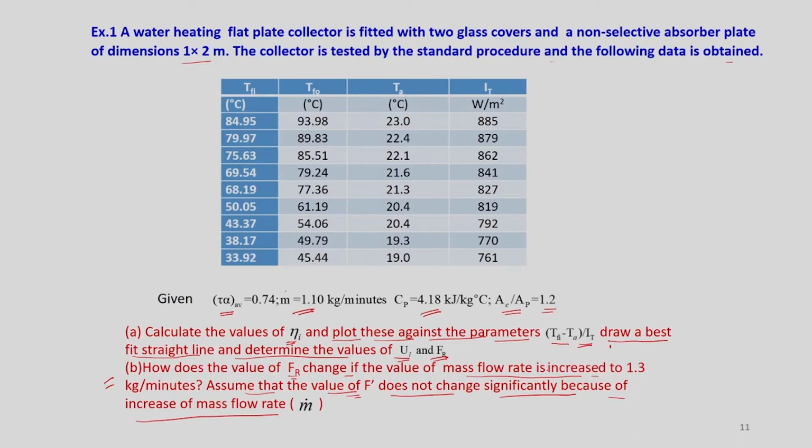Given values are here. Straight away you can use this expression: Ac by Ap is given as 1.2, hence Ac is equal to 1.2 into Ap, which is nothing but 1.2 into 2 into 1. So, it will be 2.4 meter square.